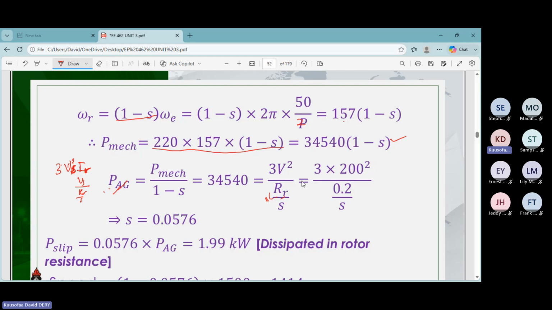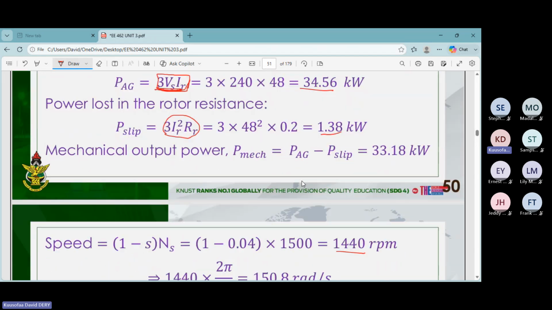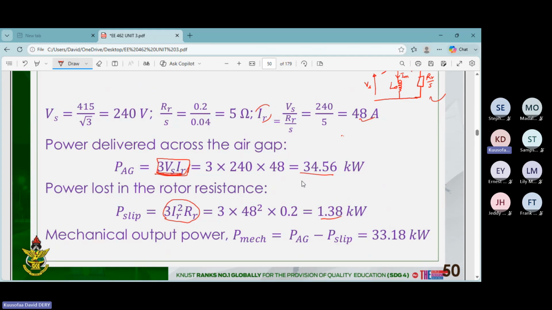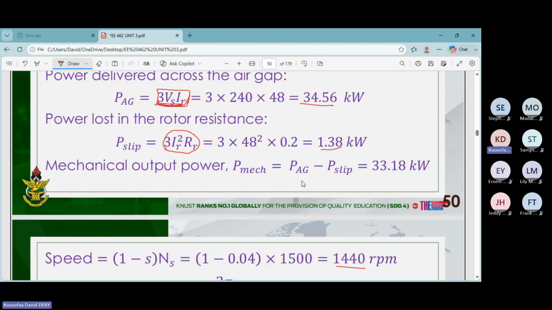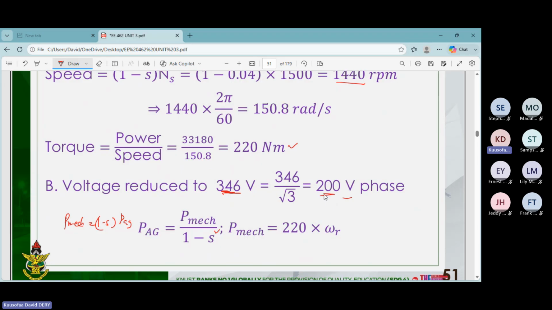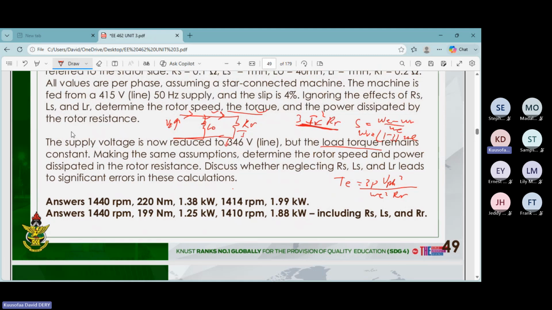But since the input power has reduced, the supplied voltage is what has reduced. When you come back to the question, it says that all the assumptions are the same, just that the voltage has been reduced.